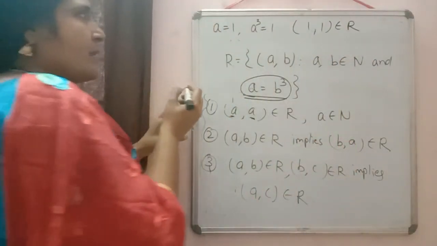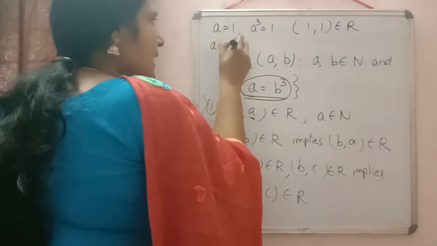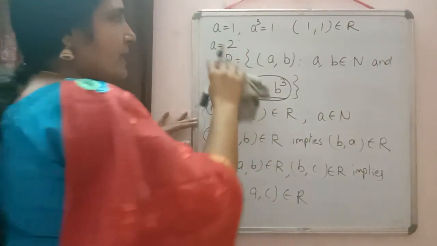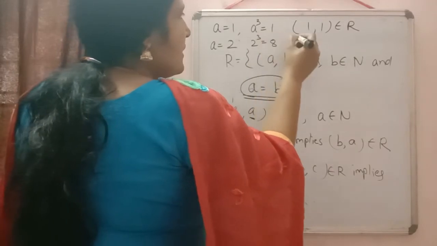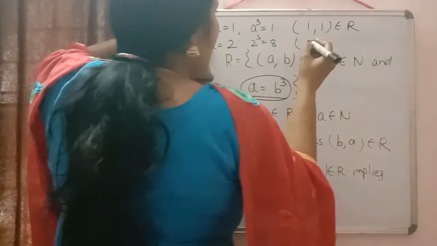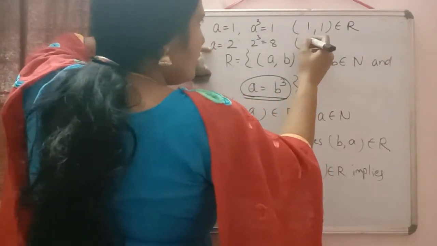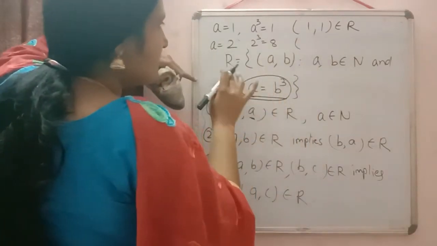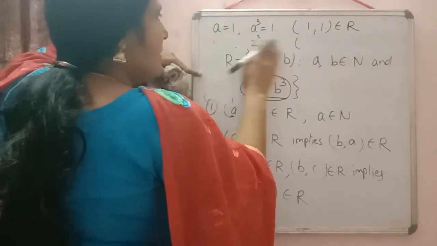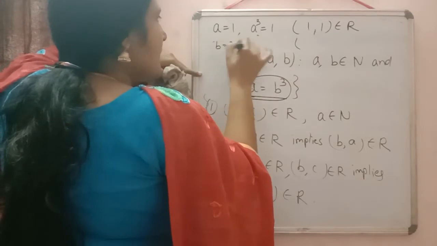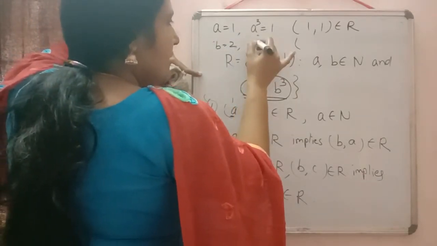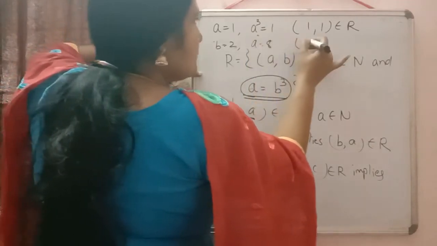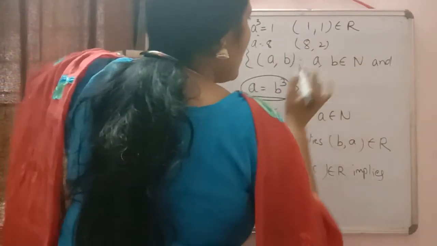Correct? Okay. Now I am taking any other value, a is equal to 2. Then what will a cube be? 2 cube is equal to 8. I am taking b is equal to 2, then a is equal to 8, so I am getting here (8, 2).